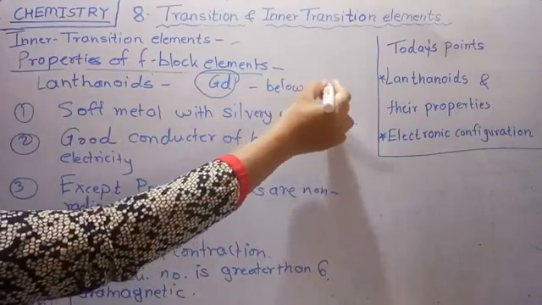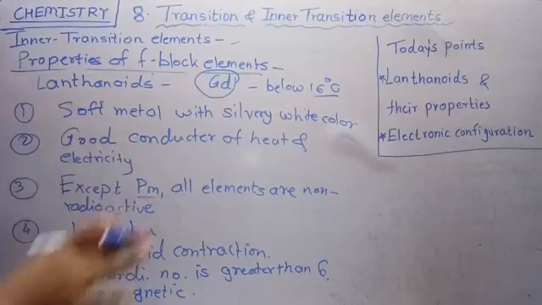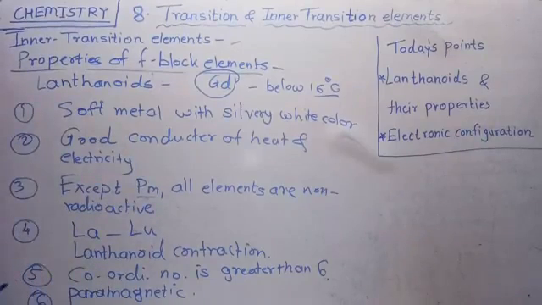And the heavier lanthanoids also become ferromagnetic at much lower temperatures. Okay. These are some properties of lanthanoids and f-block elements. There are some reasons or some properties that are asked for the exam.